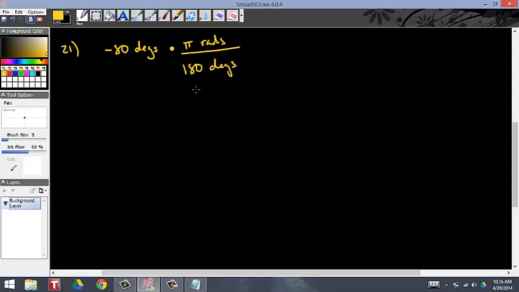Now, remember the thing that pisses me off. The words cancel each other out. I don't know why that makes me so mad, but it does. See, that's going to go away with that. 18 divided by 8. Let's see, they both go into what? 2? 9. And this becomes 4. So, looks like negative 4 pi over 9 radians.